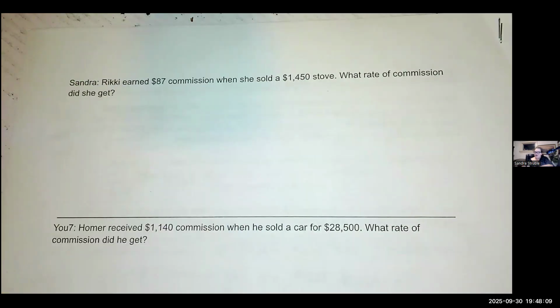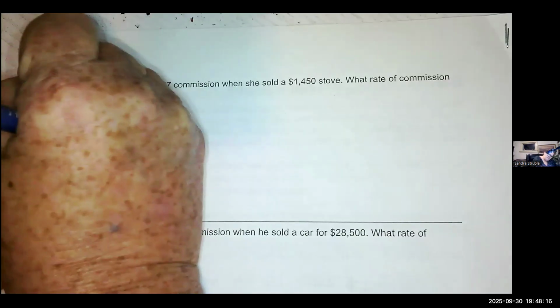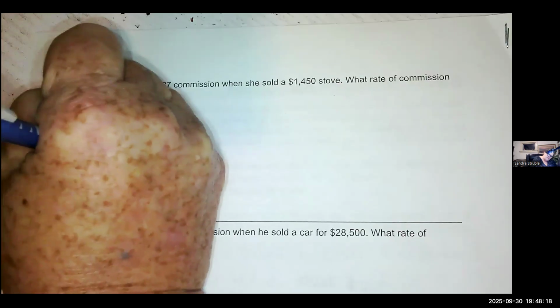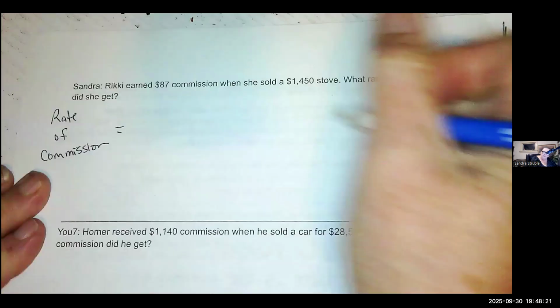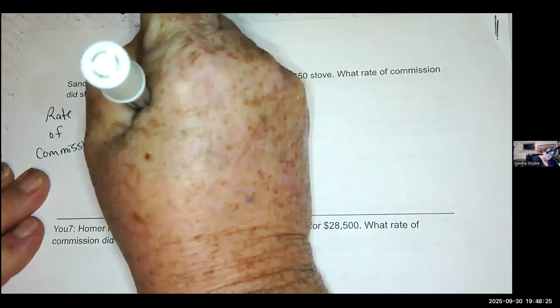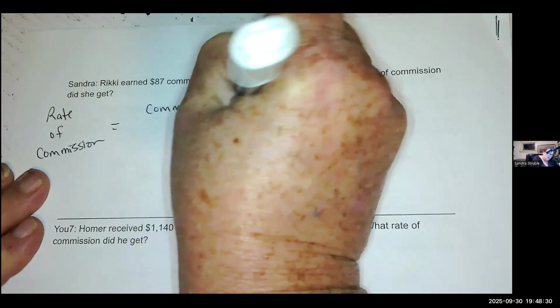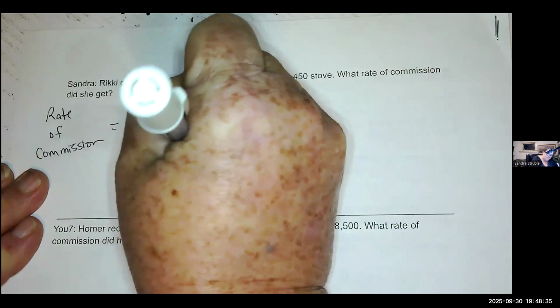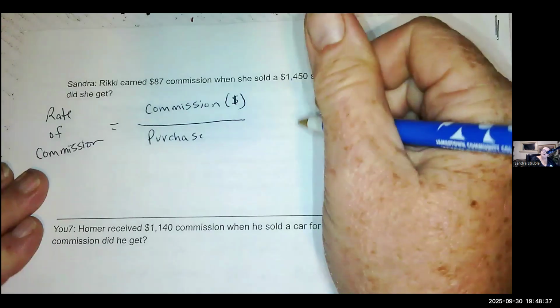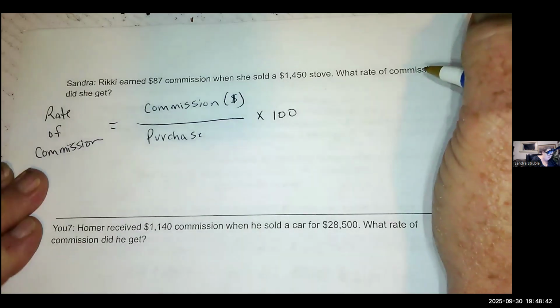Okay, let's see how I did this one with y'all. Rate of commission is equal to the commission amount, this is going to be dollars, over the purchase price. And then that's going to give us a decimal that we're going to have to change to a percent.